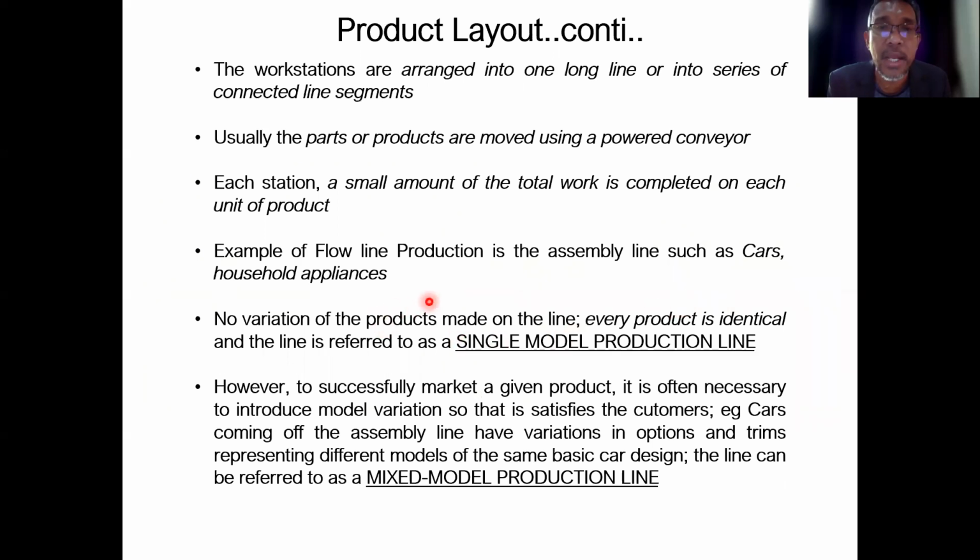Examples of flow line production are car assembly, household appliances, and electronic parts. There is no variation of product. They focus on a single product, a single model production line. That's why we call it mass production for high volume production.